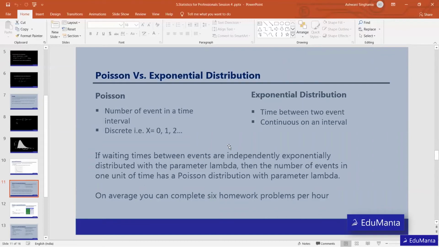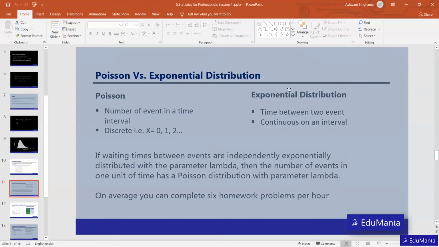So how many events can take place within a particular time interval, say within 1 hour, within 20 minutes. In that case, lambda was the number of events that will occur in a particular time interval. That was our lambda, or mean, whatever you say.